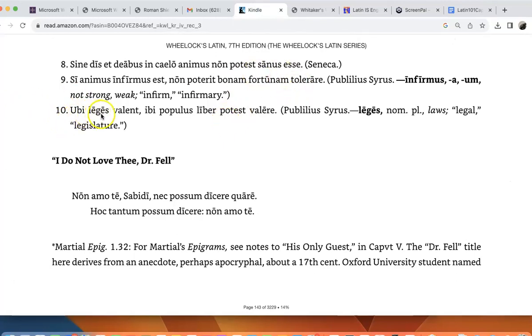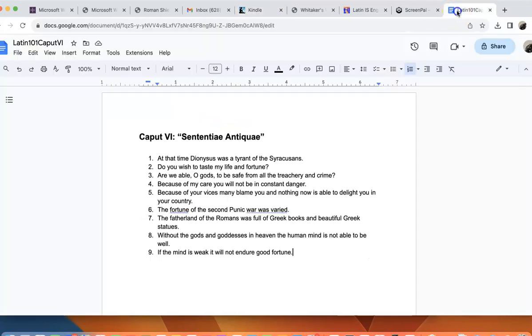And the last one here, ubi leges valent, ibi populus liber potest valere. Where the laws are strong, there a free people is able to be well. So where the laws are strong, there a free people is able to be well.